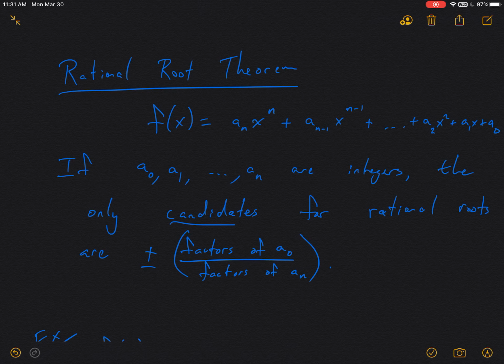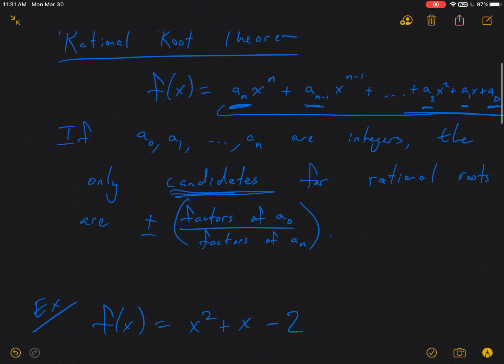So the first tool that we're going to use is called the rational root theorem. What it says is that if you are given a polynomial that looks like this, where an is the leading coefficient and a0 is the constant that shows up at the end, and all of these coefficients are integers, then you can apply the rational root theorem.